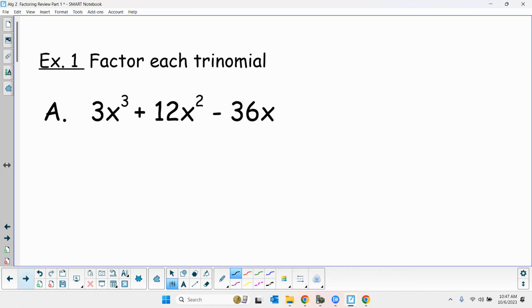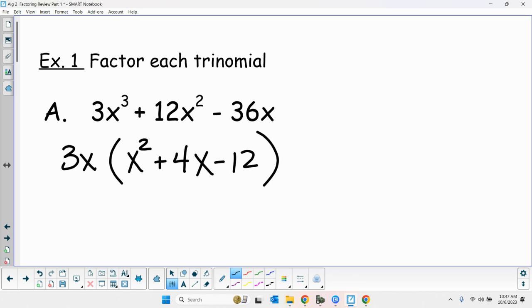All right, so is there a GCF here? Is there a number that goes into all 3? Are there any letters that go into all 3? Yeah, so bring them both out. What are they? 3x. Then we divide all 3 of those by 3x. 3x cubed divided by 3x is x squared. 12x squared divided by 3x is 4x. Negative 36x divided by 3x is -12.